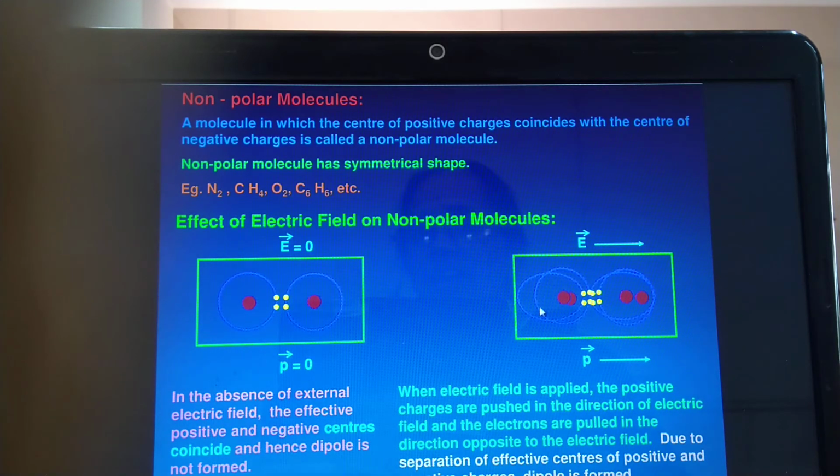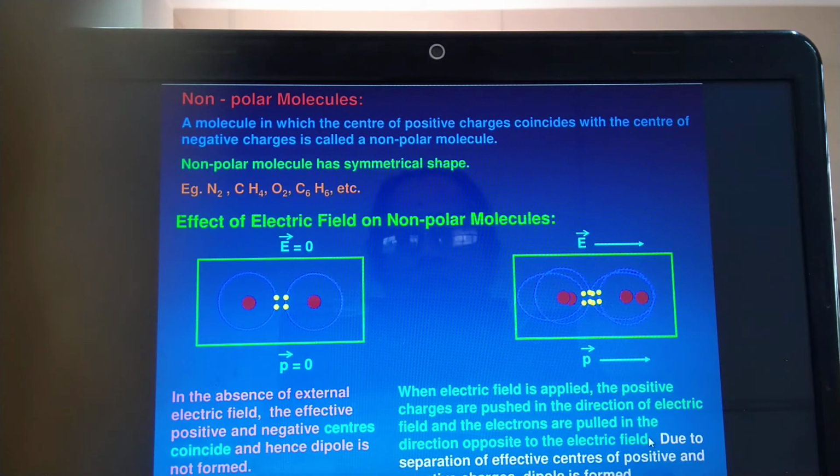When an electric field is applied, the positively charged part of the non-polar molecule will get attracted towards the negative side of the electric field, and vice versa. So when an electric field is applied, the positive charges are pushed in the direction of the electric field, and the electrons are pulled in the direction opposite to the electric field.